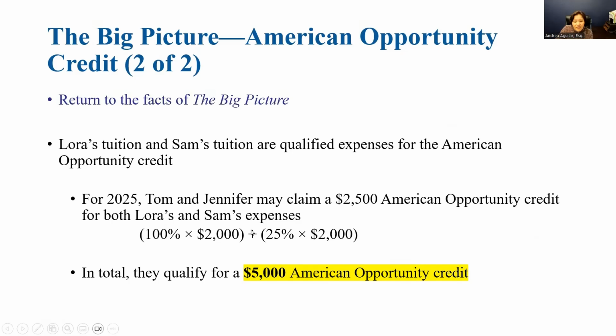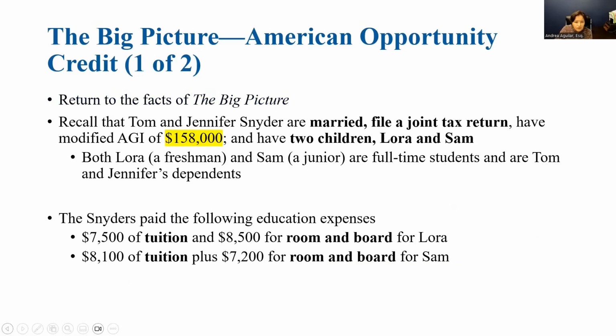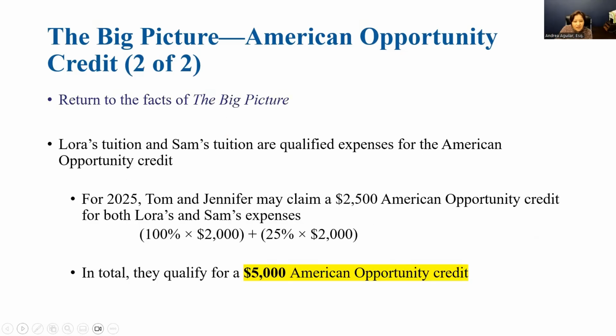And the rule says that 100% of the first $2,000 of tuition or other qualified expenses plus 25% of the additional $2,000. So that will give you $2,500 per child for both Laura and Sam. You see here their tuition is $7,500 and $8,100, so they definitely are going to get $2,500 each.